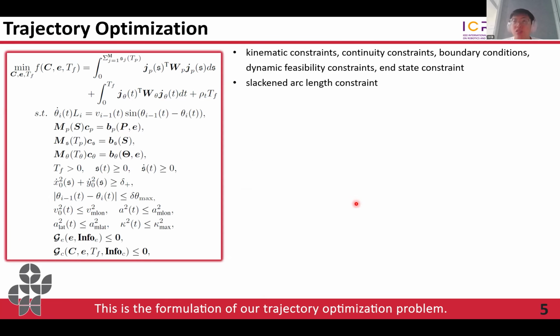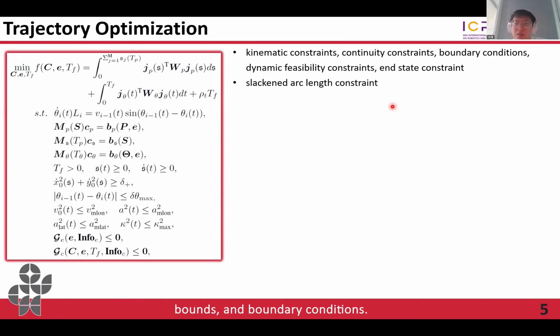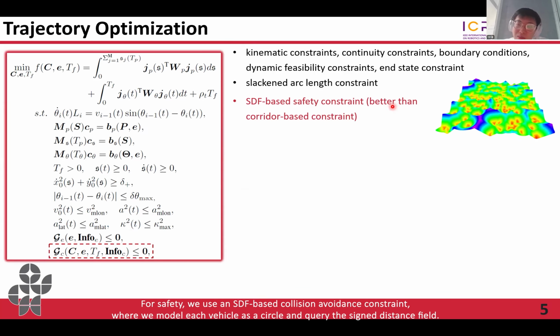This is the formulation of our trajectory optimization problem. The constraints include dynamic constraints, continuity conditions, dynamic feasible bounds, and boundary conditions. For safety, we use an SDF-based collision avoidance constraint where we model each vehicle as a circle and query the signed distance field.